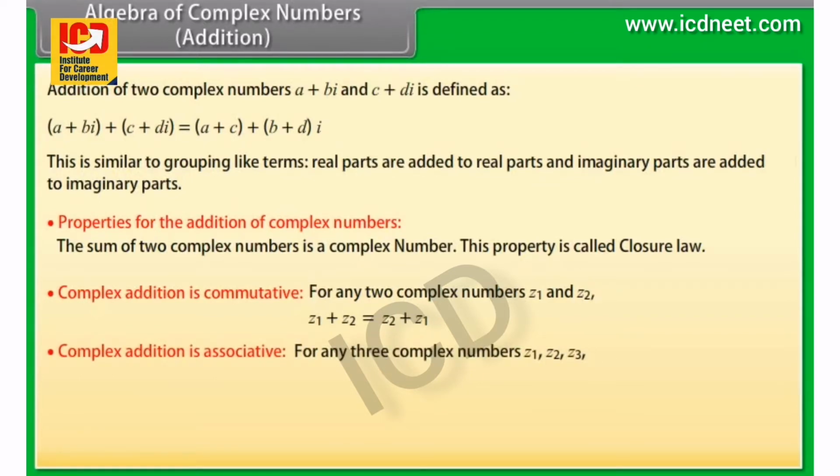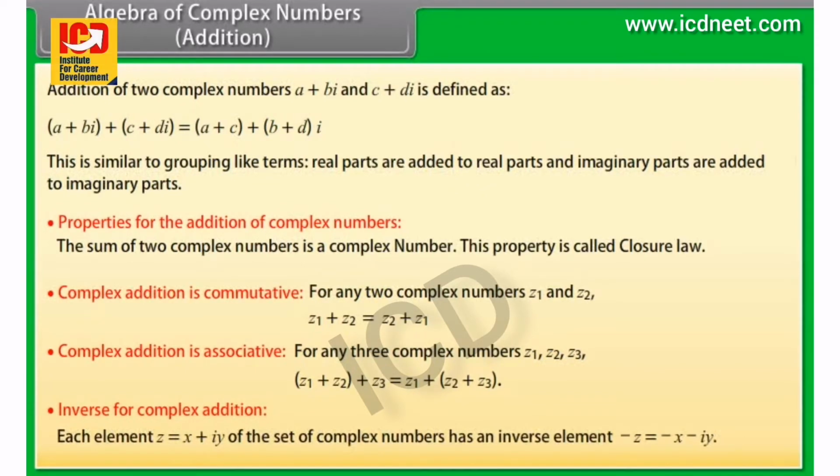For any three complex numbers z1, z2, z3, z1 plus z2 plus z3 is equal to z1 plus z2 plus z3, regrouped. Inverse of complex addition. Each element z is equal to x plus iota y of the set of complex numbers has an inverse element, minus z is equal to minus x minus iota y.